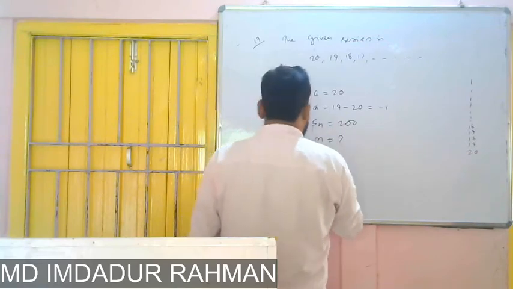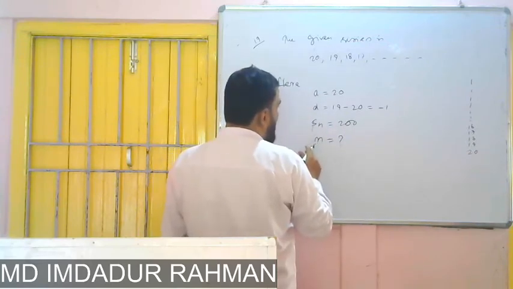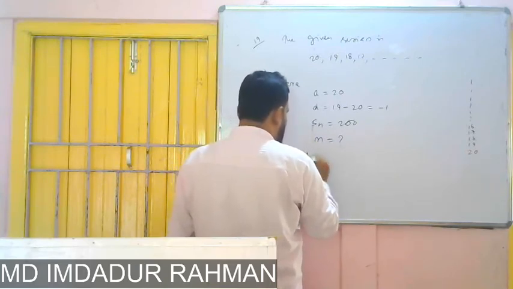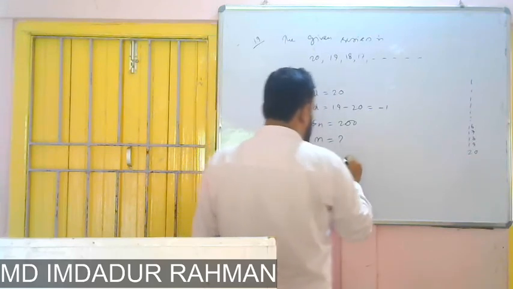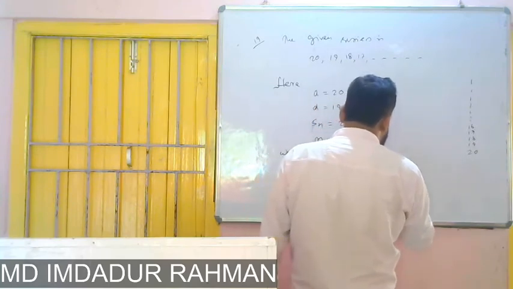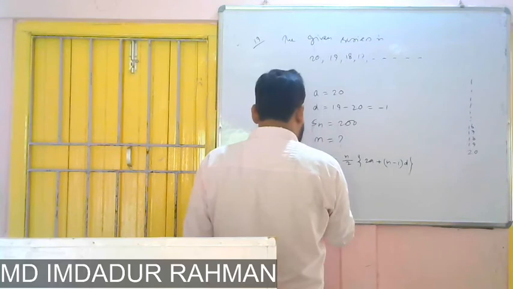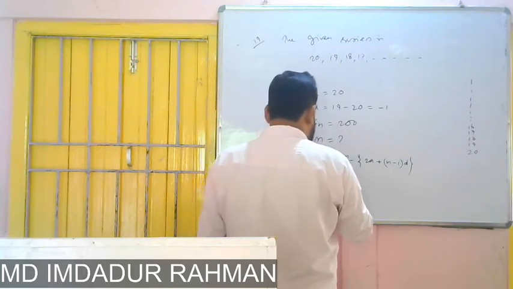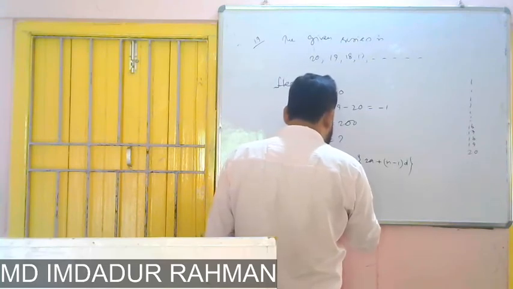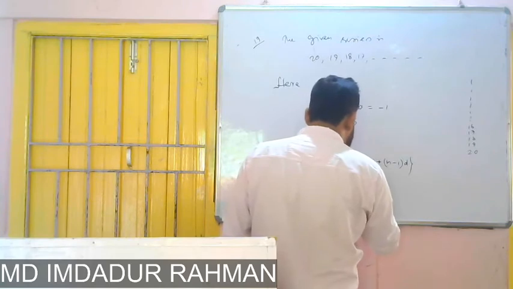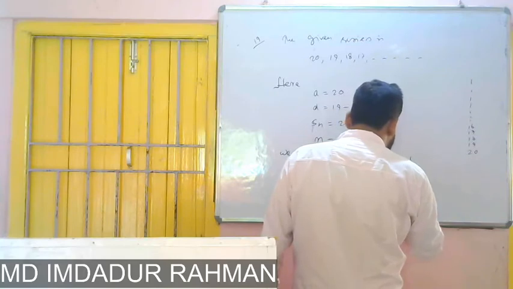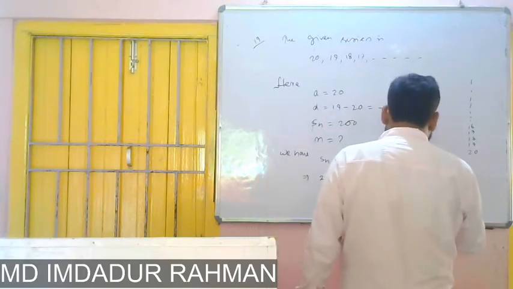So to find this, we will use the formula of Sn. We have Sn is equal to n by 2 into twice a plus n minus 1 into d. So Sn 200 is equal to n by 2 into twice a, that is 2 into 20, plus n minus 1, we don't know the value of n, and d is minus 1.